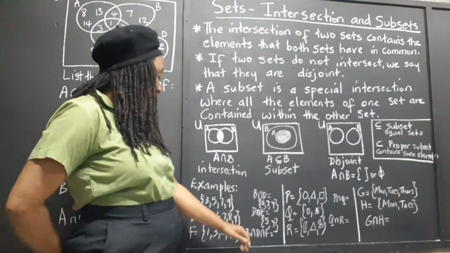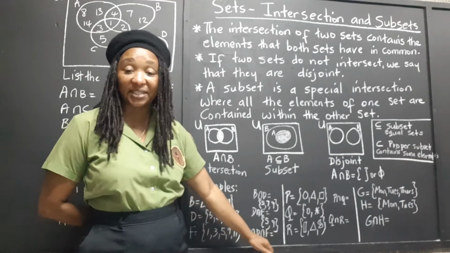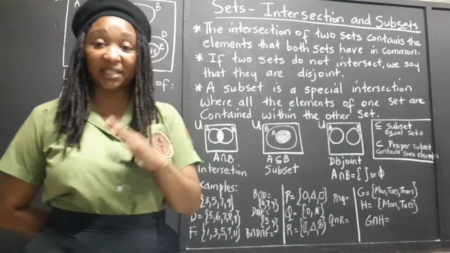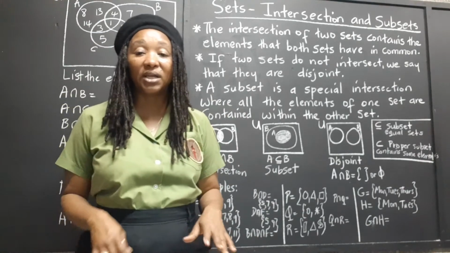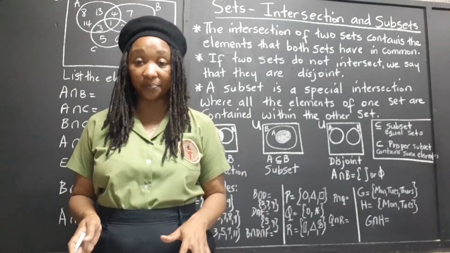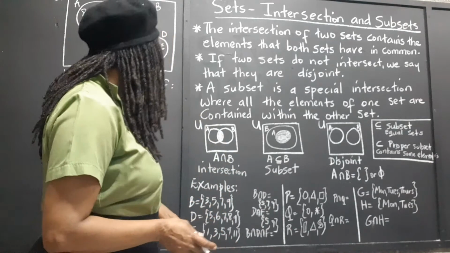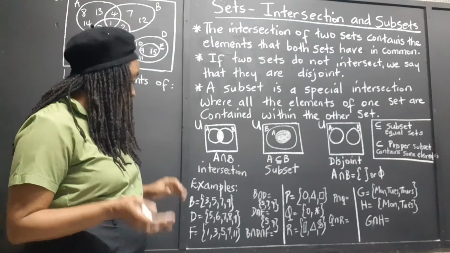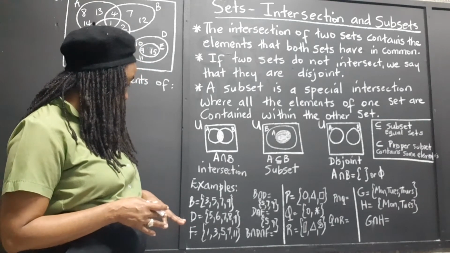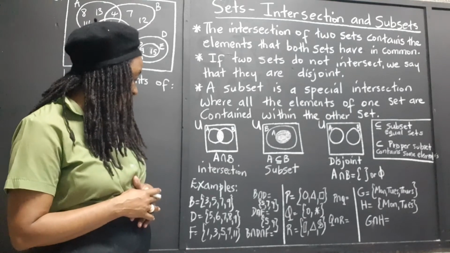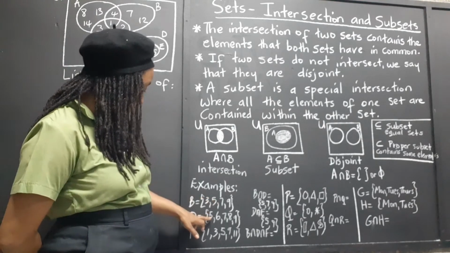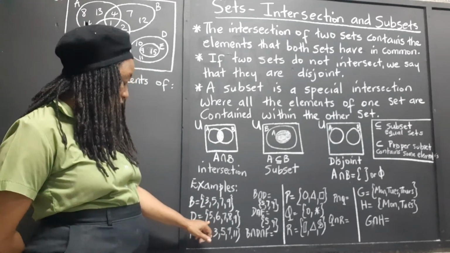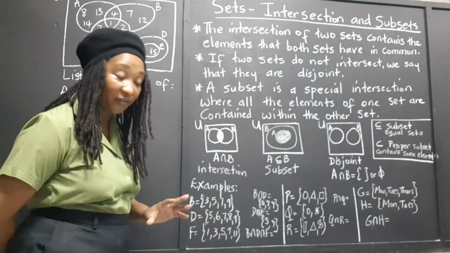How about B intersect D intersect F? So that means what is common to all three? What is common to all three sets? Is there anything that all of the sets have? Alright, just looking, I'm seeing that all the sets have a 5. These two have a 3, but this one doesn't, so the 3 is not common to all 3 sets.